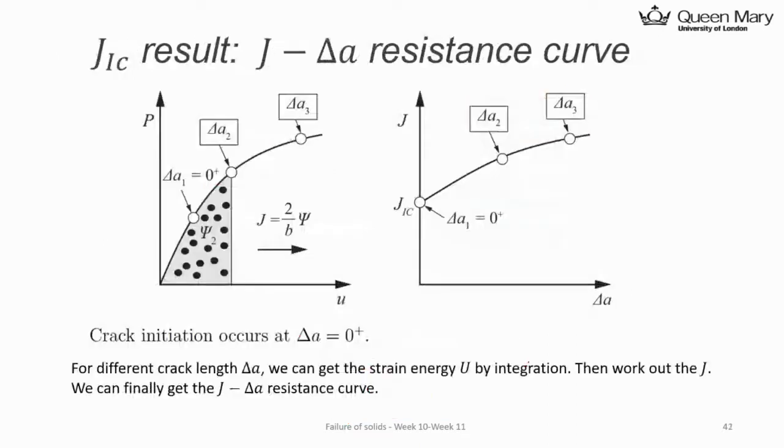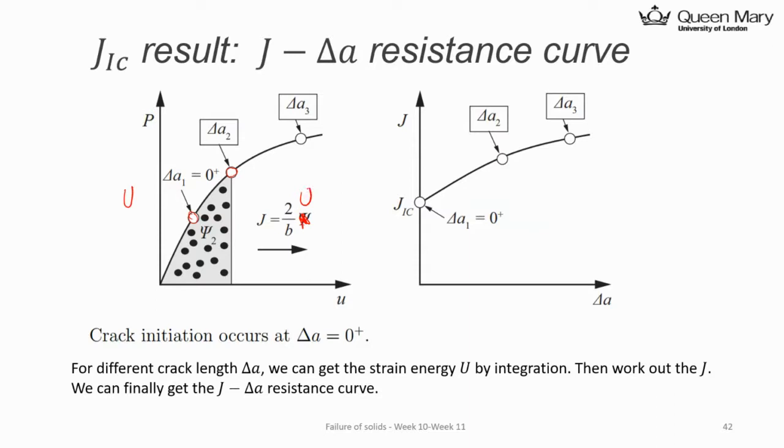So in your experiment, you just apply your load until you get some crack here. That's the crack initiation point. And then you have a crack growth, delta a2, which will give you this potential energy, U.